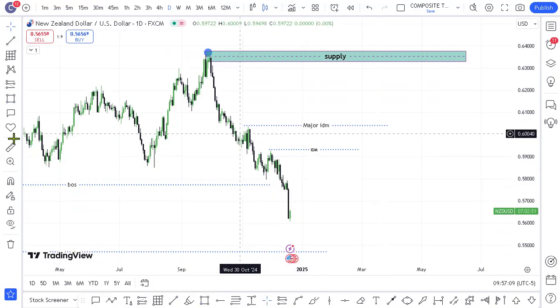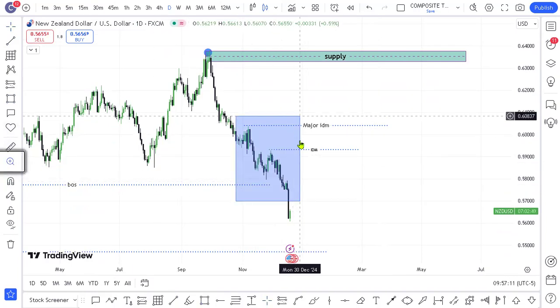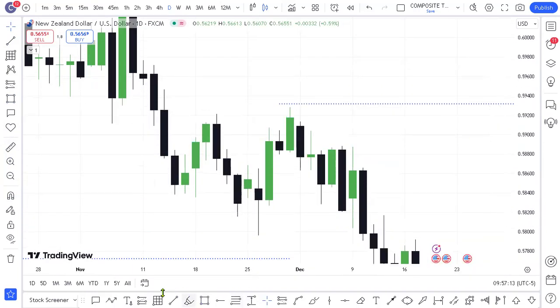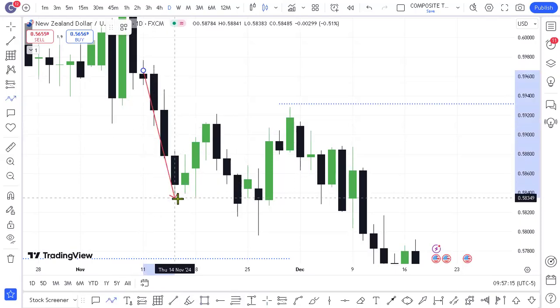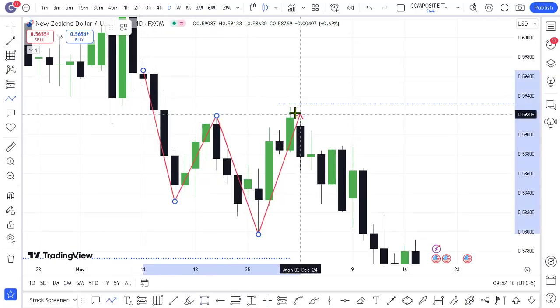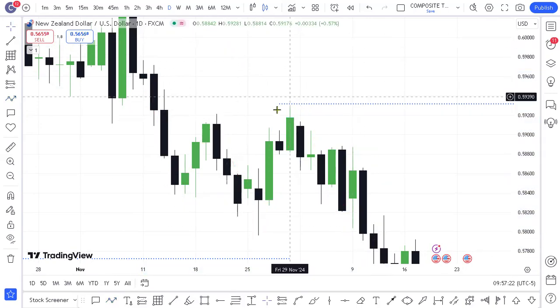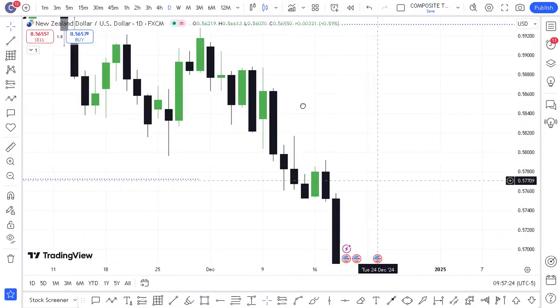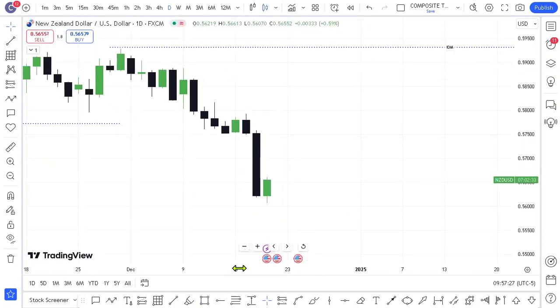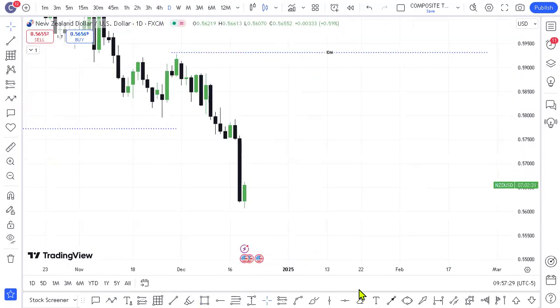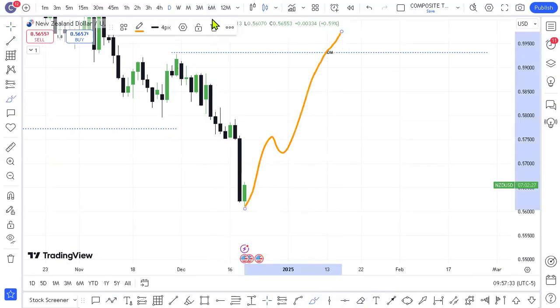Now, what we can look at is this structure here. If we look at this area, price went down, it took out this high and went to the downside. That's why this is my inducement level here. So looking at this structure, this means that at some point, we're going to get this price attempt and go higher, to the upside.